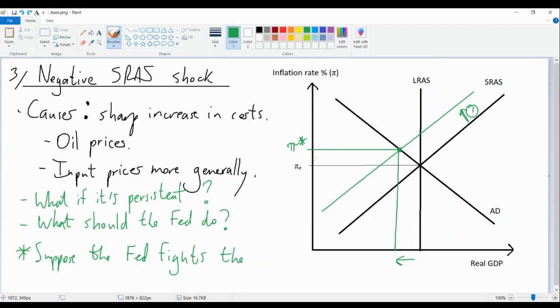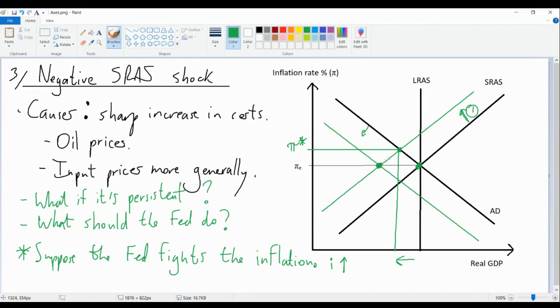Suppose instead of fighting the recession, what the Fed does is instead try to fight the inflation. How could it do that? Well, to fight the inflation, we want the demand curve to move this way, which means we're trying to discourage spending, which means we're actually trying to raise interest rates. So it's the opposite of what we had before. And suppose the Fed raises interest rates to the extent that supply and demand cross at the old level of expected inflation.